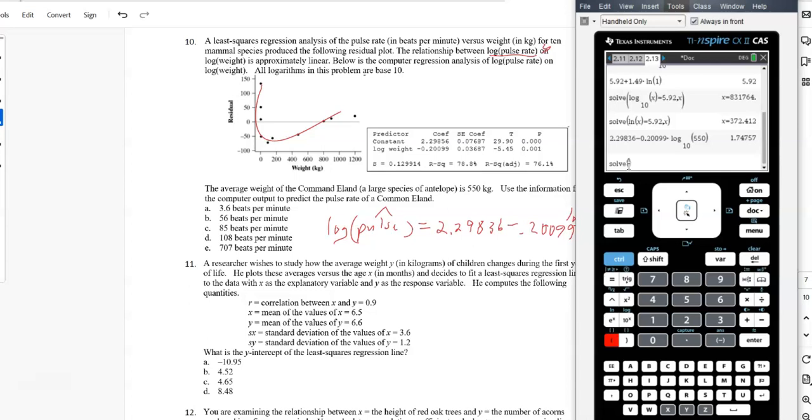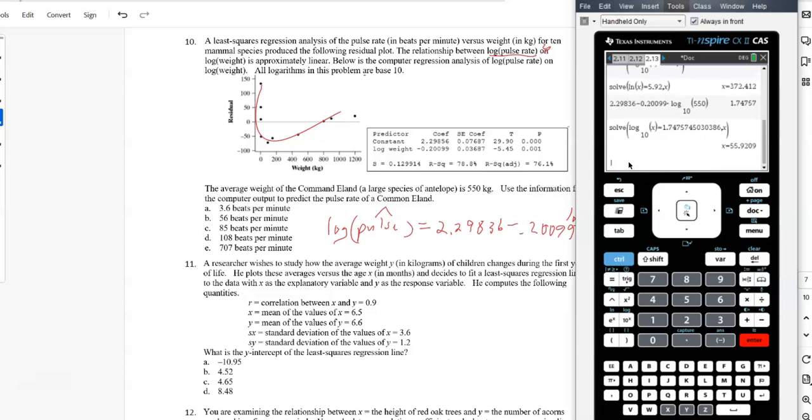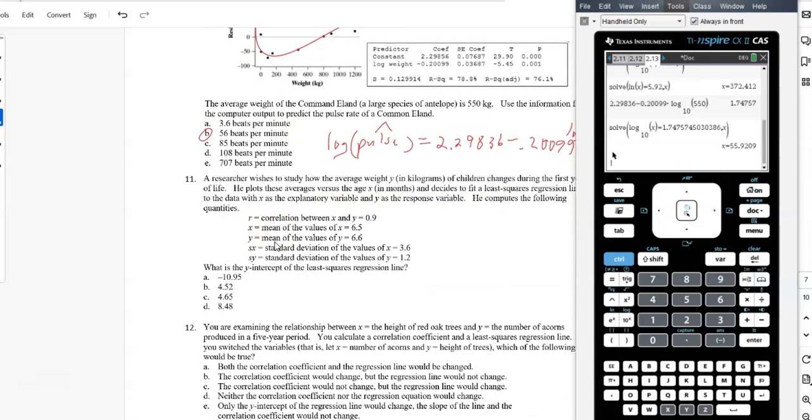Solve log of pulse x equals this number, comma, x. And it solves it, and it's approximately 56 beats per minute, so that would be B. Did that right this time. Paid attention. Of course, I always go towards log. A lot of folks use natural log a little more.